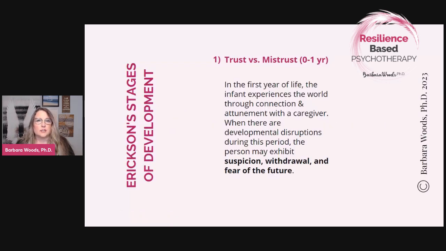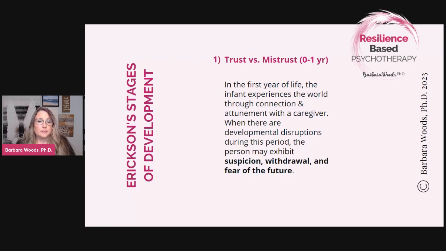The first stage is trust versus mistrust. It's from birth to 1 year old. The infant experiences the world really through relationships with the caregiver, that connection, their attunement to the child. And they learn that the world is a good, safe place when this developmental stage is met.